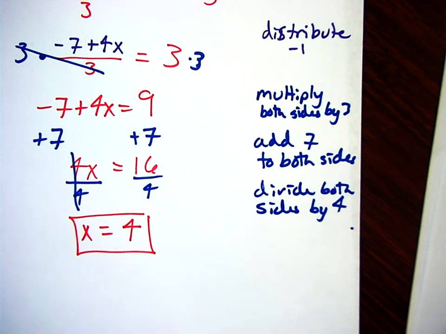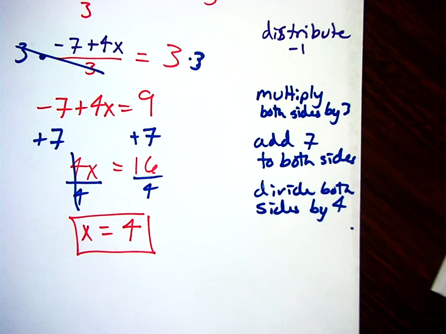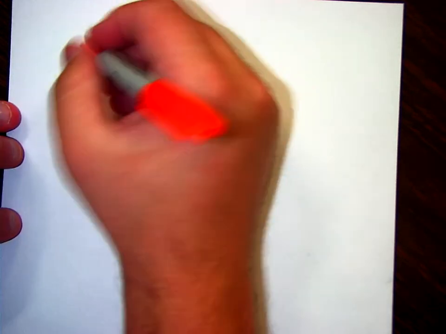So that's solving single variable multi-step equations. I would like you, in your notes, and I will be looking for this on your submission, okay, I would like you to go ahead and try the following practice one.